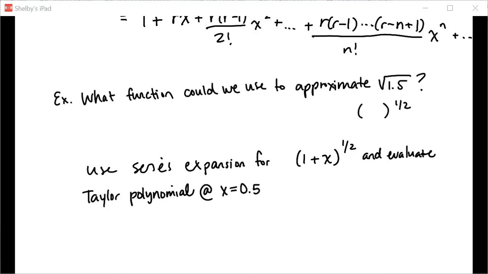Okay, so 1 plus 0.5 would give me the square root of 1.5, and I could come up with the Taylor series expansion to do that.